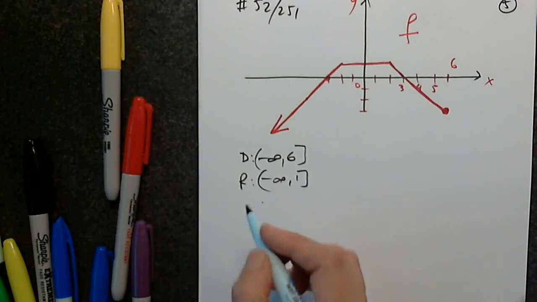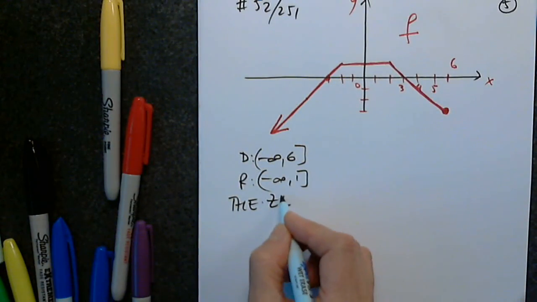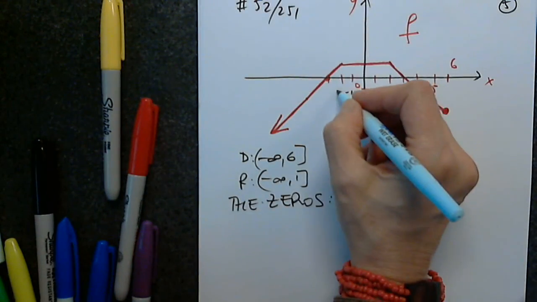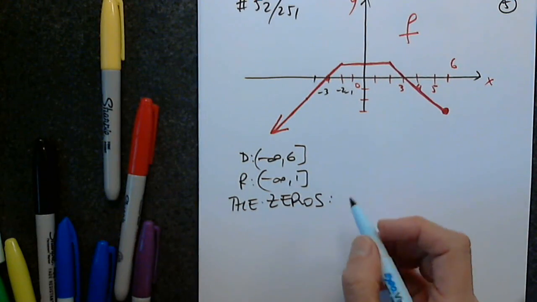The zeros. What did we say the zeros represented? Where the graph of a function crosses the x-axis, or the x-intercepts. Same thing. So can anyone give us? Very good.